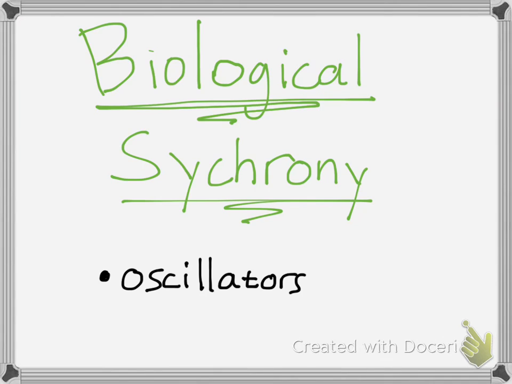Okay, so another form of oscillators is biological synchrony. An example of this is if you had an entire room of people and you told them, everybody clap at the same time. Everyone would start clapping, but it wouldn't be in sync, right? So over time, eventually everyone will start clapping together. Now what is the reason behind that?